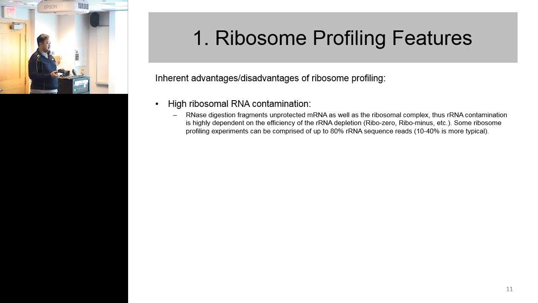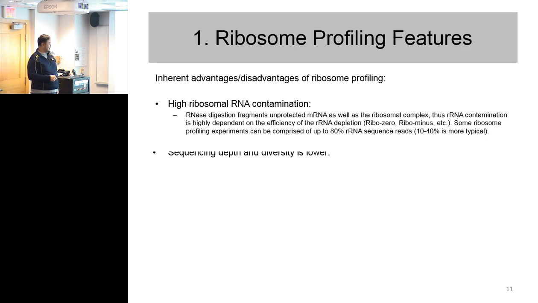So therefore, this leads to rRNA contamination being dependent on the efficiency of your depletion step. And scary enough, some ribosome profiling experiments that I've seen can be comprised of up to 80% rRNA contamination, but usually 10 to 40% is more typical.